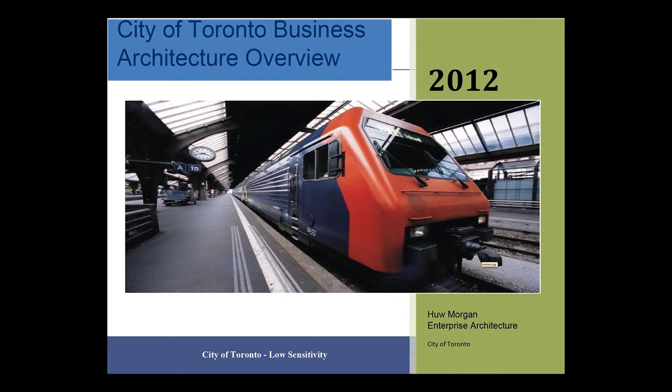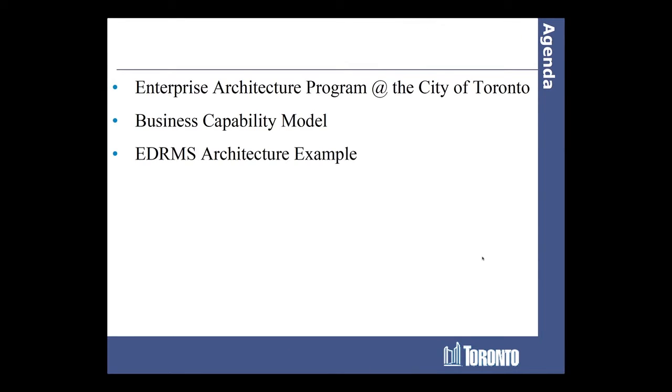So as Adela mentioned, I am with the City of Toronto. I'm the head architect of the city. In the presentation today, I'm going to try and walk through a few things. First, a view of actually what it is that we do here at the city from an EA perspective, as you'll see on the agenda.